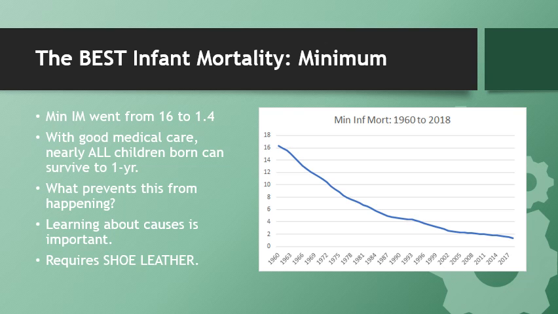It's not drowned out by the maximum graph. So this shows that there have been dramatic improvements. The best possible cases are really very good. 1.4 infant mortality, that's about 3 children in 2000, is really very, very low.